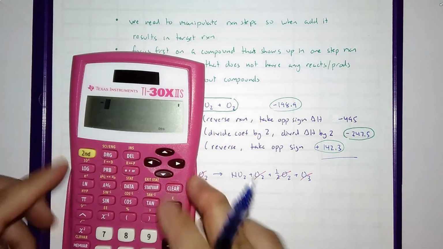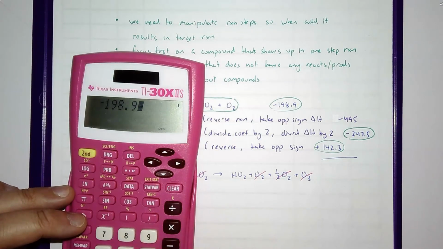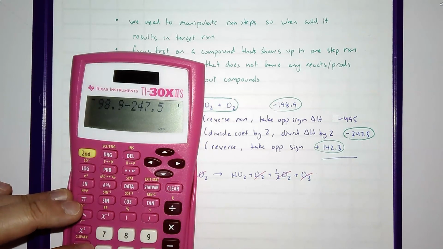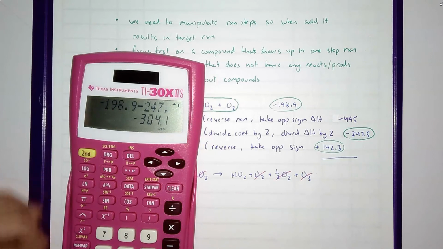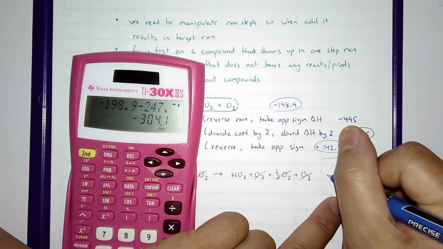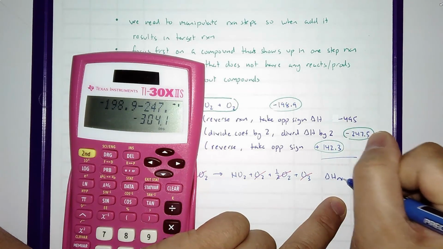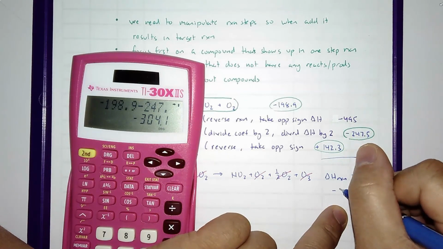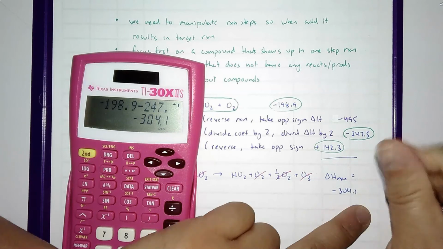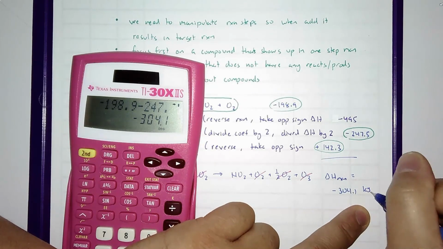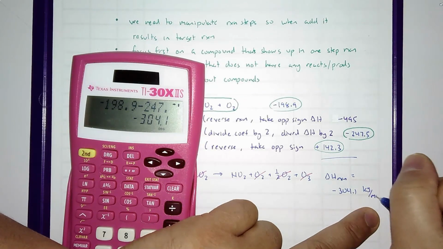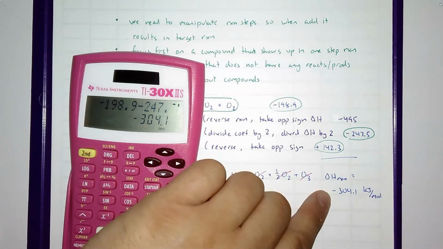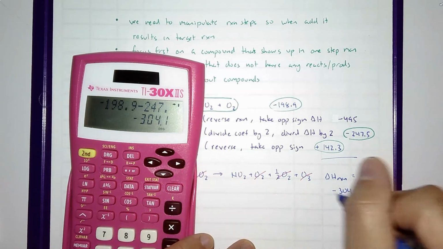Okay, negative 198.9 minus 247.5 plus 142.3 equals, okay, delta H of the target reaction equals negative 304.1. Make sure for the grader that you put the right units and the right sign and circle your answer.